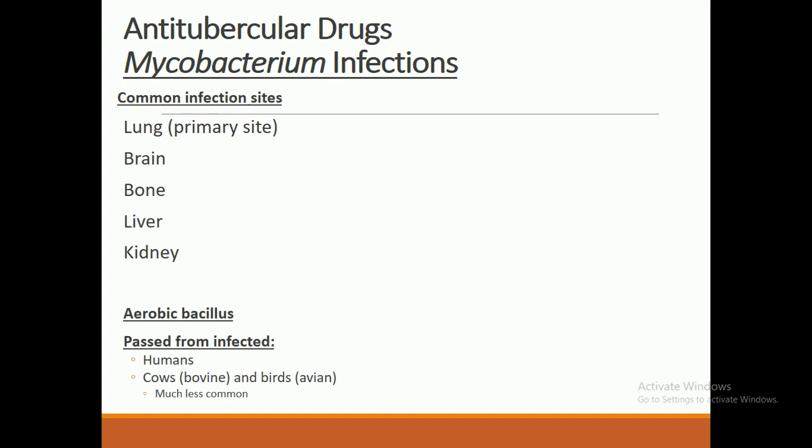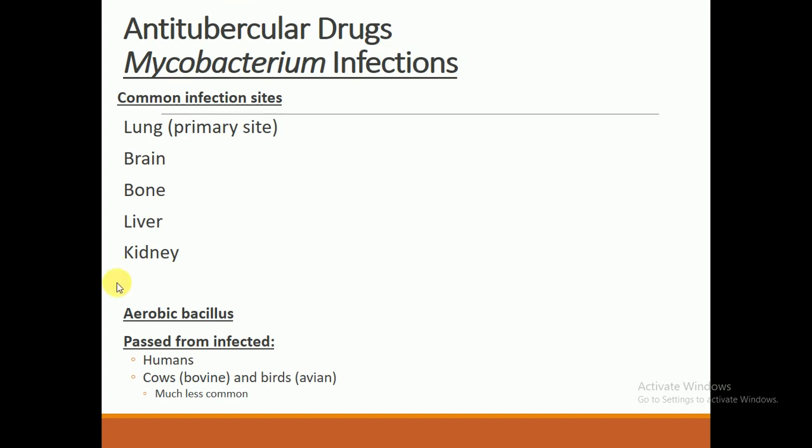One is pulmonary tuberculosis, the second one is extrapulmonary tuberculosis. In pulmonary tuberculosis, the mycobacterium directly infects the lungs, while in extrapulmonary tuberculosis it can infect organs of the body other than the lungs.